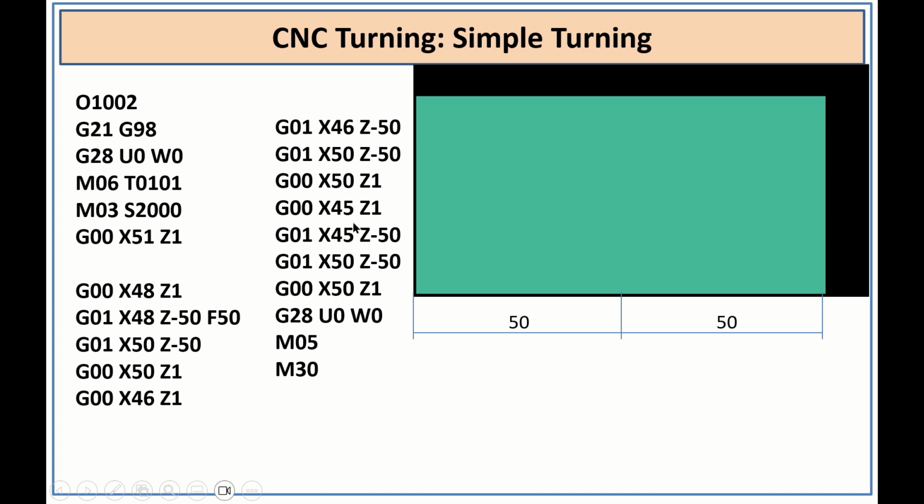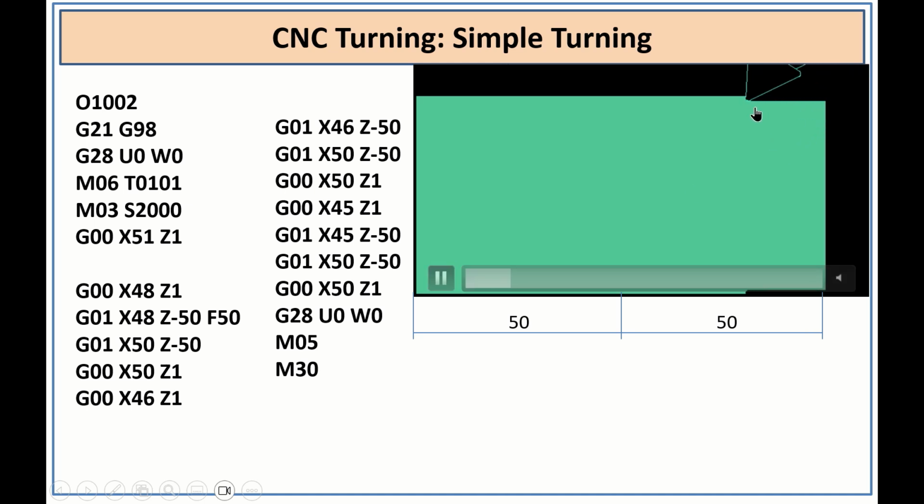So 46 to 45 is only 1 mm depth of cut and Z is equal to 1, and in this way it is going to perform 3 cycles for getting the diameter value as 45. Now here again G01 X50 Z-50, and it will go to home position, spindle stop, and then rewind.